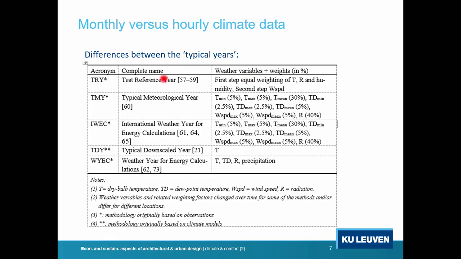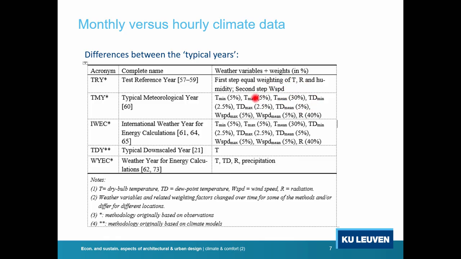And then the TMY, for example, that's a typical meteorological year. So you will see the extension TMY, which makes a combination of many more variables, so many more weather parameters, but with a different weighting. The most important one there to define the representative year is the outdoor temperature, the mean temperature.